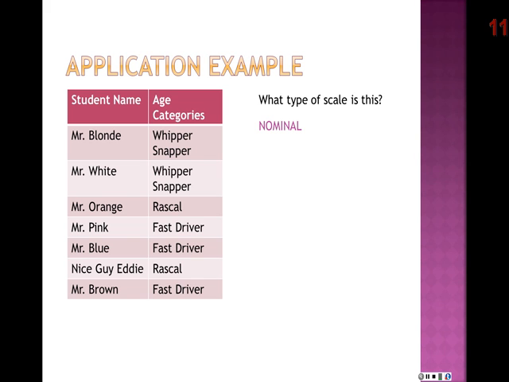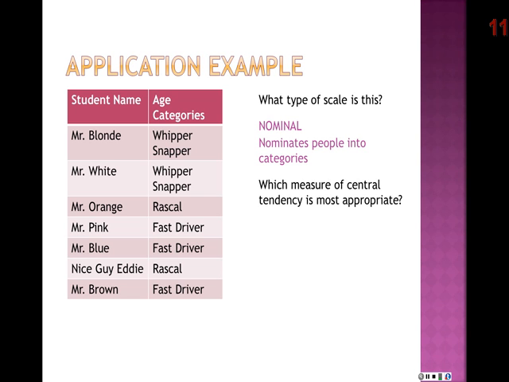You can't really rank order these, right? So which measure of central tendency is most appropriate for this? The mode is the most appropriate, and that identifies who is the most frequently occurring person within these categories.